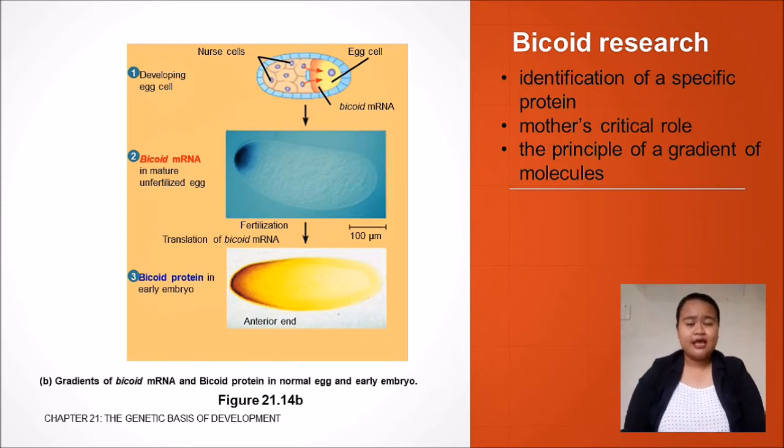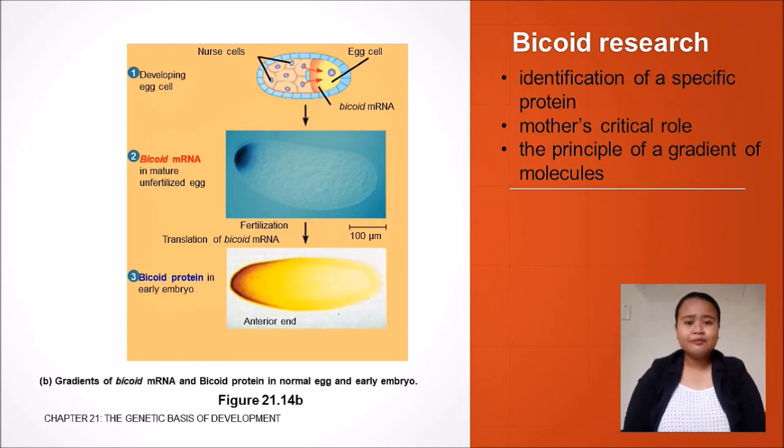Bicoid protein is only one of the several morphogens involved in axis specification. So the research of bicoid is very important. Why? Mainly because, first, it helped identify a specific protein required for one of the earliest steps in pattern formation.